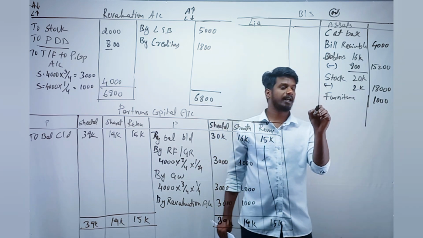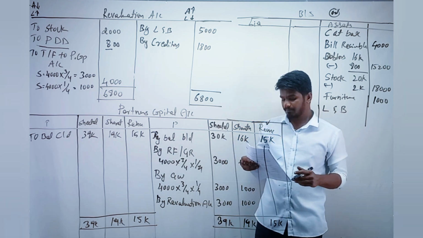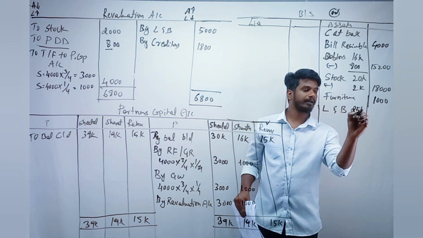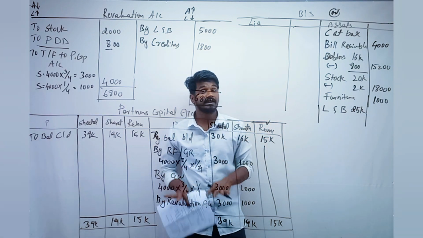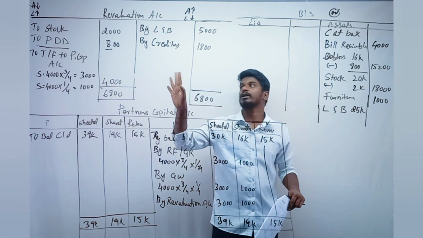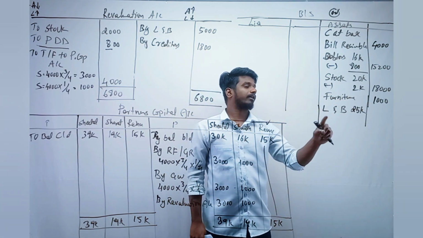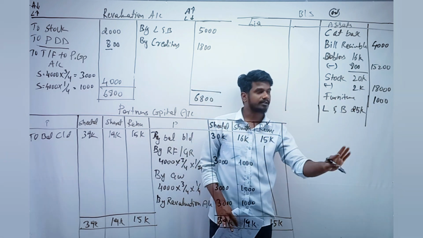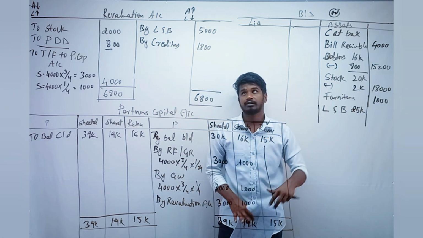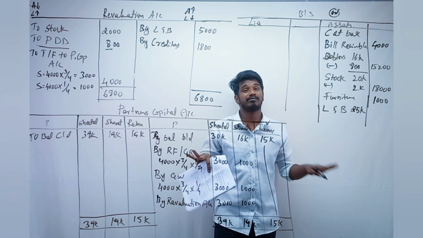And next we have land and building. The land and building amount is 25,000. Do we have anything in the revaluation account? Obviously land and building is on the credit side, and we are writing it on the credit side only, correct. So is it on the same side?